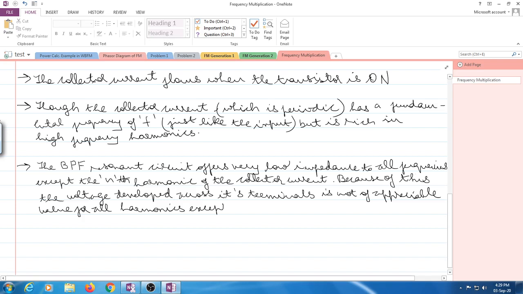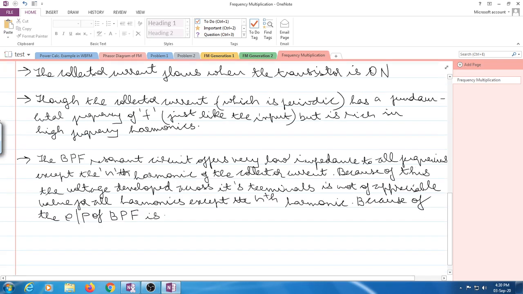So because of this, the output of the BPF is a periodic signal with fundamental frequency nf.